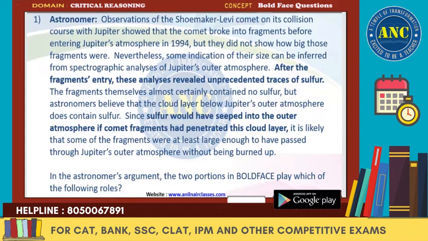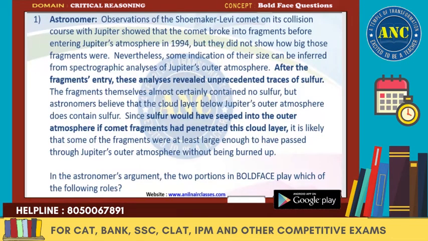The fragments themselves almost certainly contain no sulfur, but astronomers believe that the cloud layer below Jupiter's outer atmosphere does contain sulfur. Now, since sulfur would have seeped into the outer atmosphere if comet fragments had penetrated this cloud layer, it is likely that some of the fragments were at least large enough to have passed through Jupiter's outer atmosphere without being burnt up.